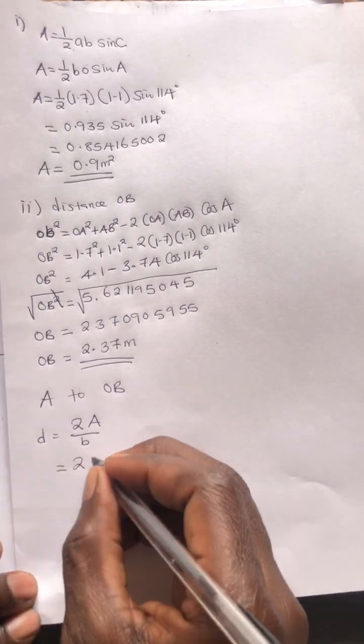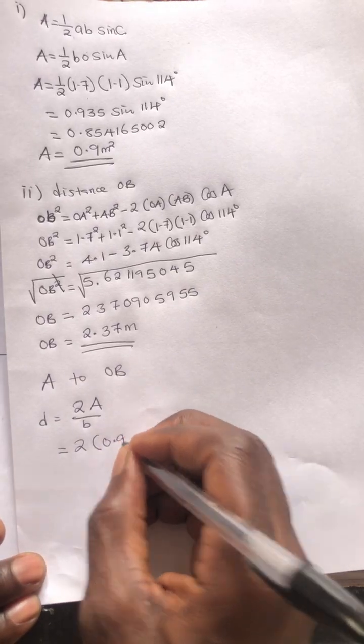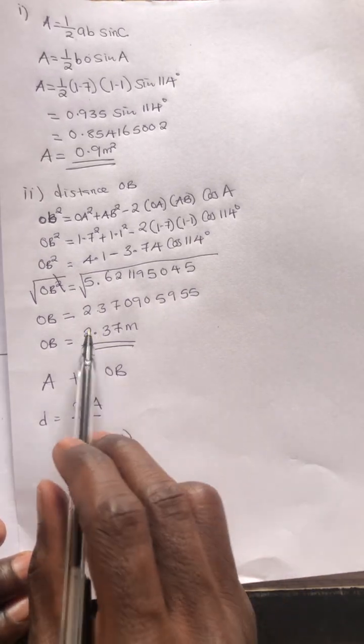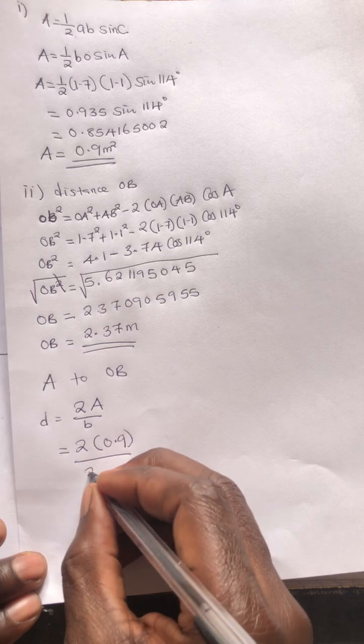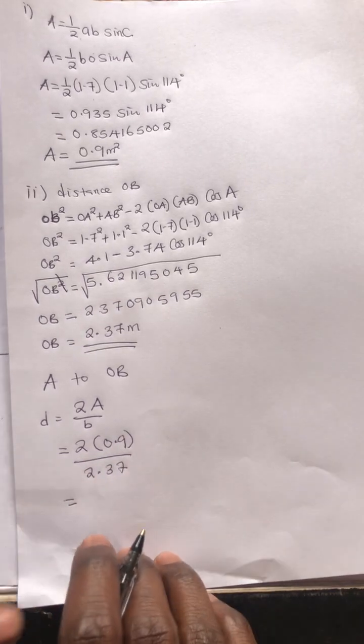So it shall be 2 in brackets, the area we found is 0.9, divided by the OB, which is the longest side, 2.37.